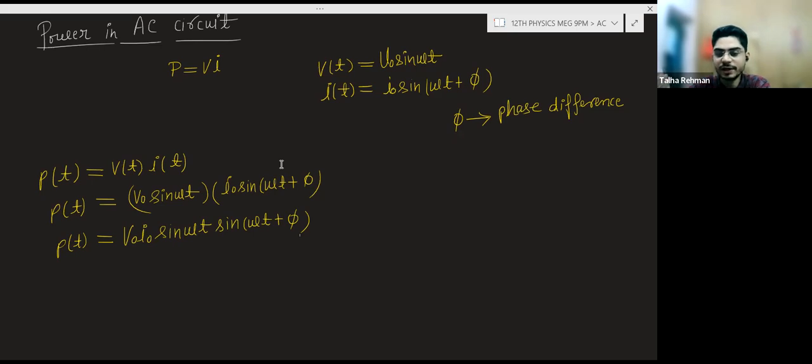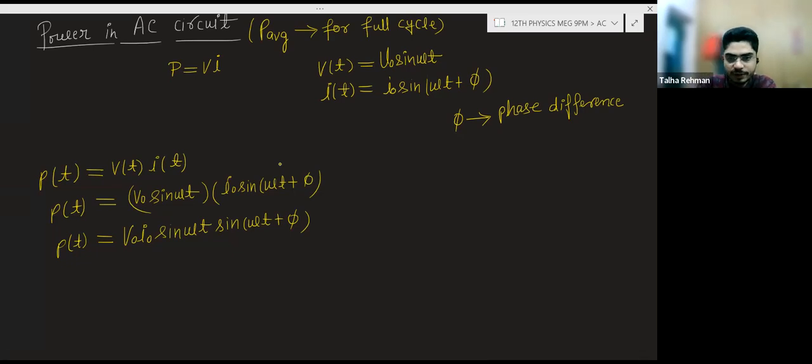That is why we are calculating the RMS value, the root mean square value. So this is basically your average power for the full cycle.